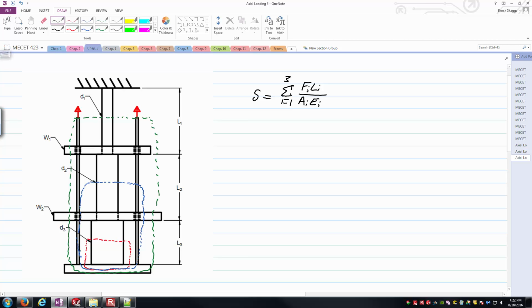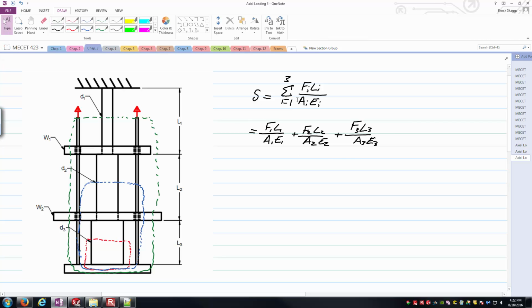Really, that's a fancy way of saying F1 L1 over A1 E1 plus F2 L2 over A2 E2 plus F3 L3 over A3 E3. That's all the summation is saying, a shorthand version of this right here.